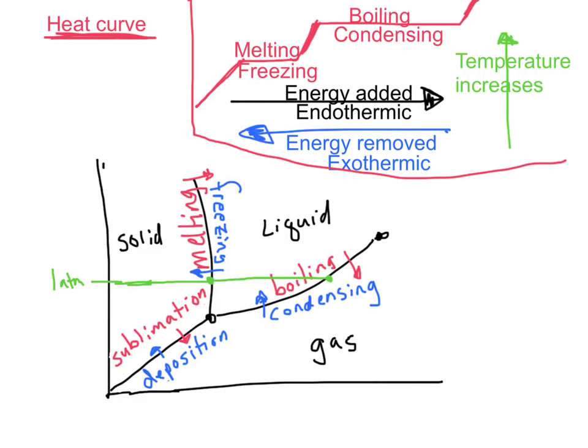atmosphere. So for instance, if I go up to a higher elevation, my atmospheric pressure decreases. So because my atmospheric pressure decreases, then you look at the boiling line, the boiling point will actually go down. So if you're a backpacker or an avid hiker and you go up to the mountains and you want to cook noodles, it's probably not a good idea because the pressure's lower up there.